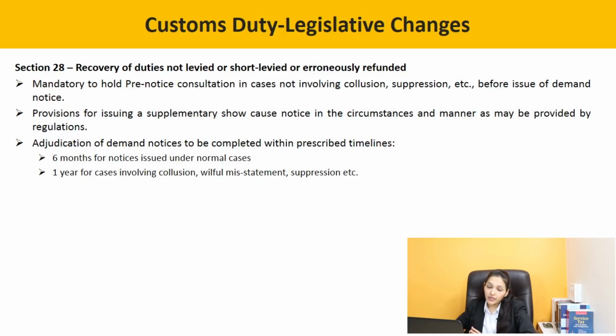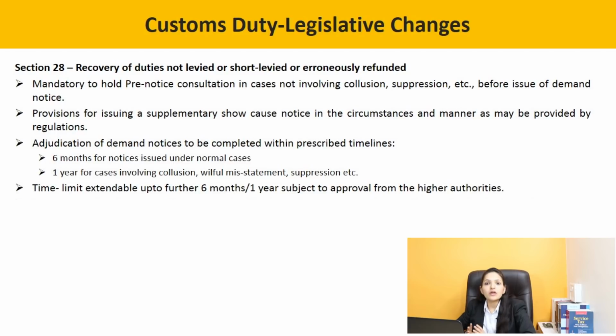So, by this amendment, it would be mandatory for the government officials to adjudicate the show cause notice within the prescribed time frame. This time limit is further extendable up to 6 months in normal cases and 1 year in cases involving fraud, suppression, etc., subject to the approval from the higher authorities.